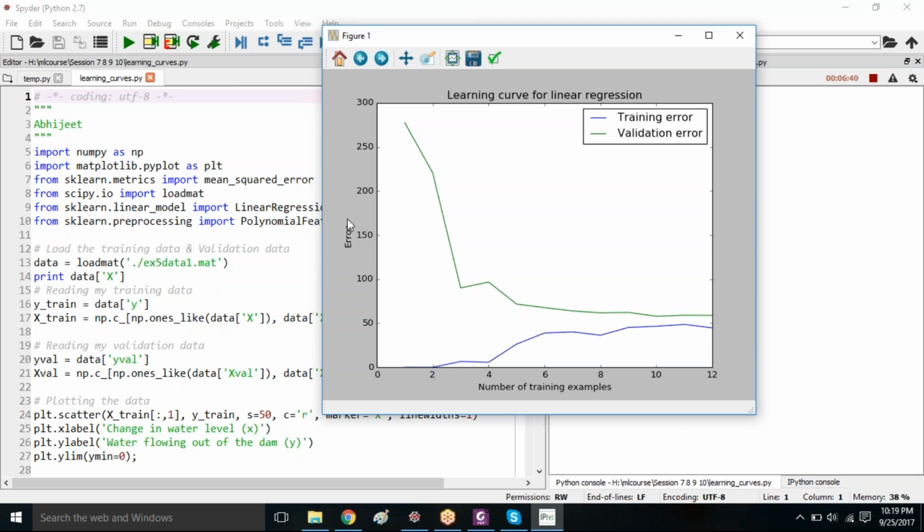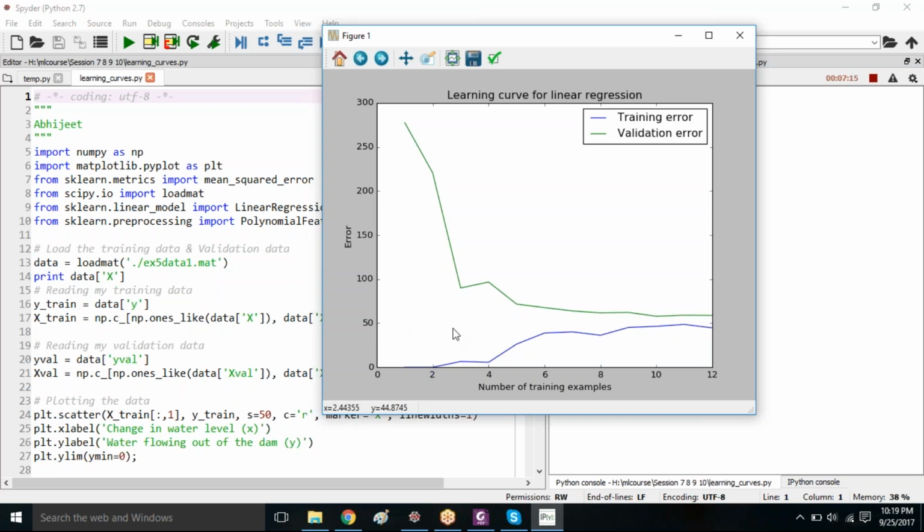What we are seeing here is, this blue line was your training data. When we have taken the 12 points, here it is the number of training examples. As we have seen in the previous diagram, there were 12 training points. So when we are taking the 12 data points, the error you see is high enough, right? It is 50.